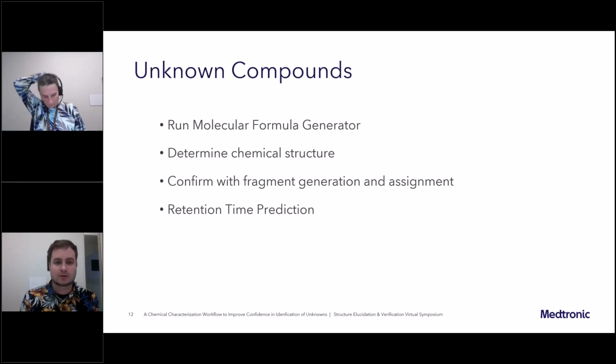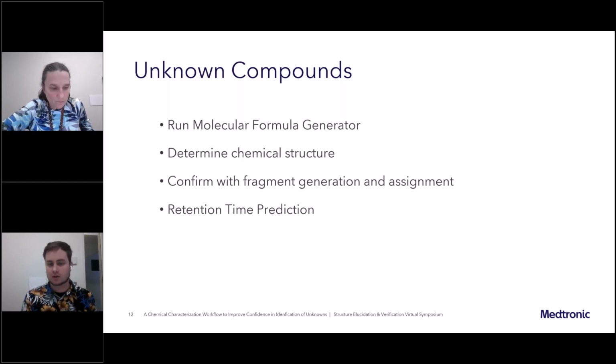And so at a high level, the workflow that we have is to first run a molecular formula generator to determine the molecular formula for the compound, and then use that information and determine a chemical structure that we can confirm with fragment generation and assignment, and then further get confidence in that using retention time prediction.